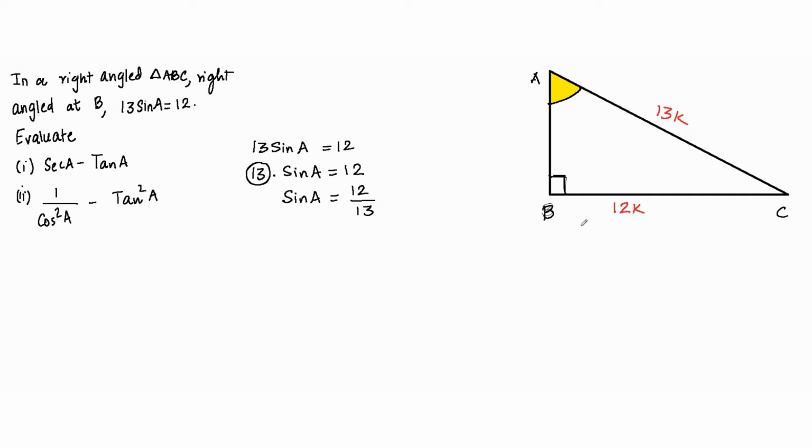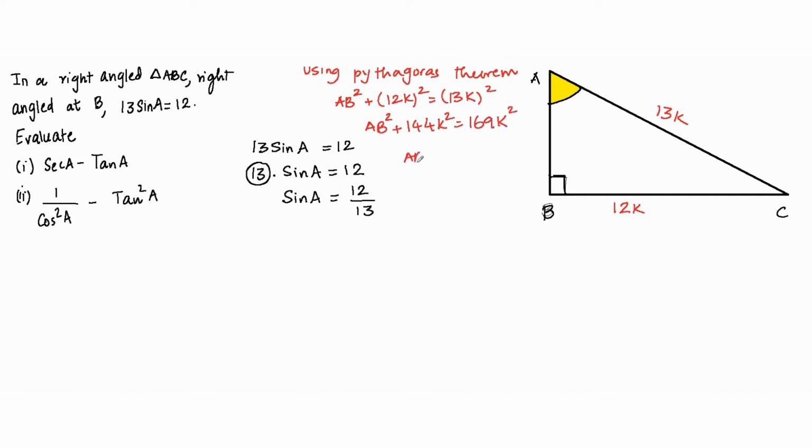Based on this, now I can use Pythagoras theorem to find AB. So AB square plus 12K the whole square is equal to 13K the whole square, which means AB square plus 144K square is equal to 169K square, which means AB square is 25K square, or AB is equal to 5K.